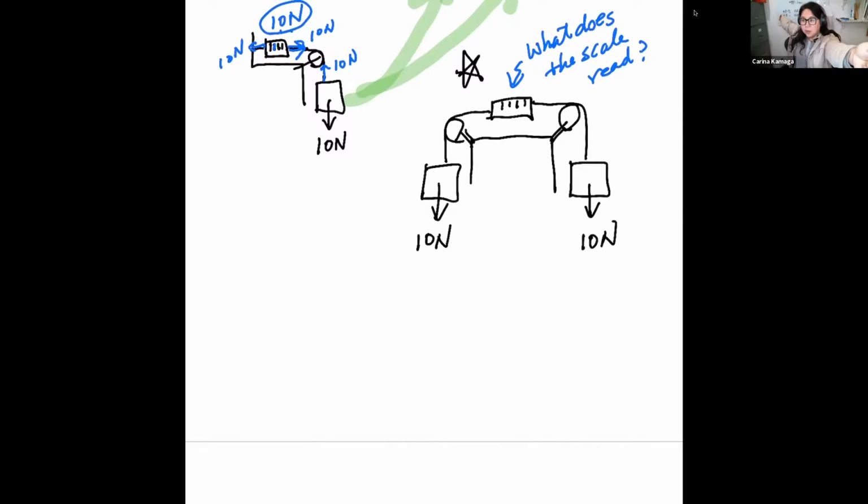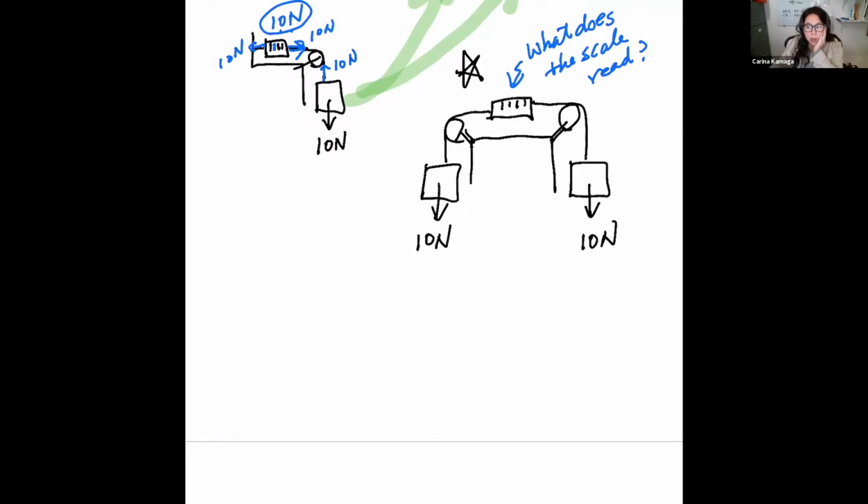If it's 5 Newton on this side, then it's going to be 5 Newton on the other side, everywhere. If this is 10 Newton, then it's going to be 10 Newton on the other side. You can even feel it at the end, right? If I pull this hard, my other hand also hurts more. So the tension force is everywhere the same.